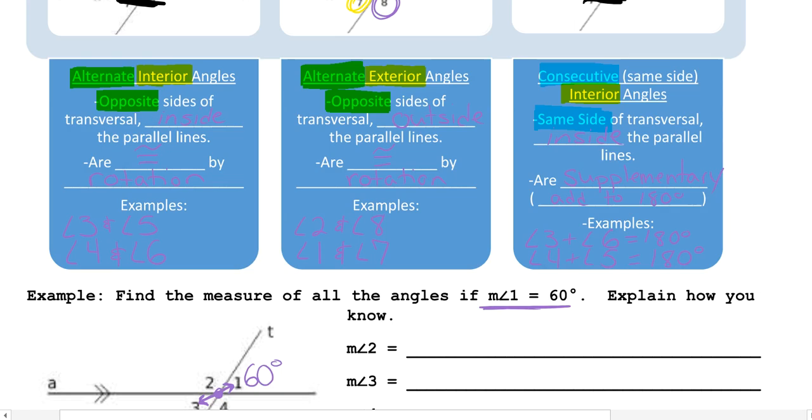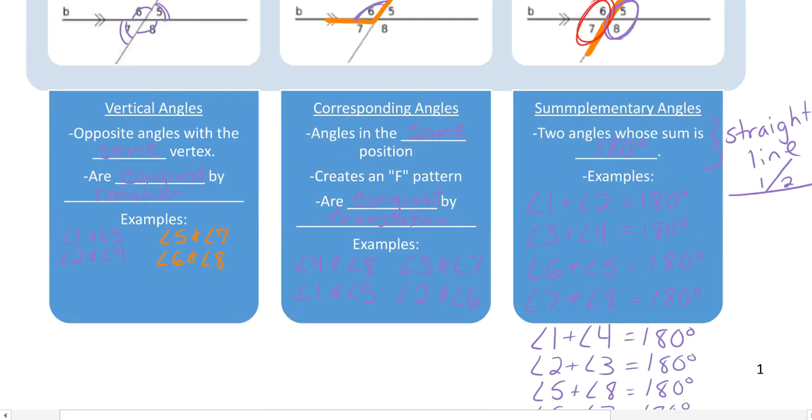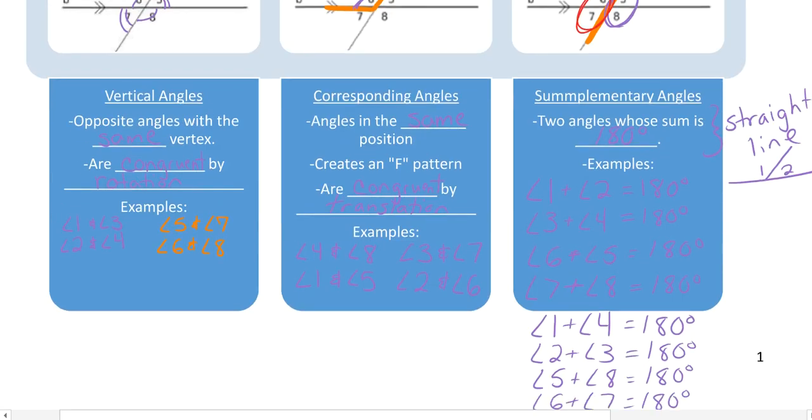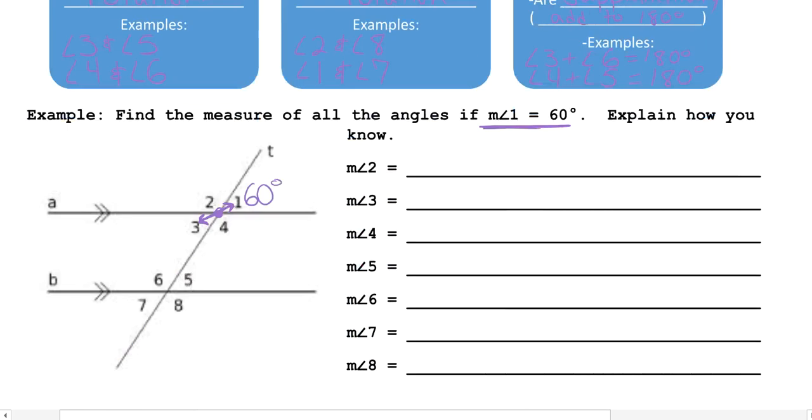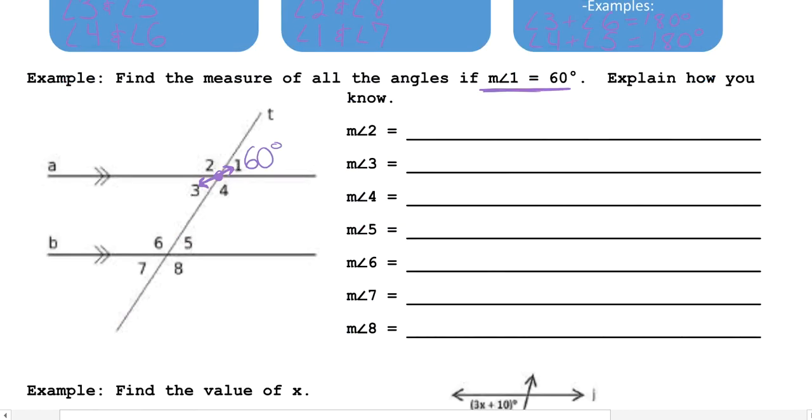And I know, if I look back at my notes, that vertical angles are congruent. So since vertical angles are congruent and 1 and 3 are vertical to each other, that means that the measure of angle 3 is going to be 60 degrees. And I know that because of the vertical angle relationship. They are vertical angles to each other. Vertical angles are congruent. That's how I know.